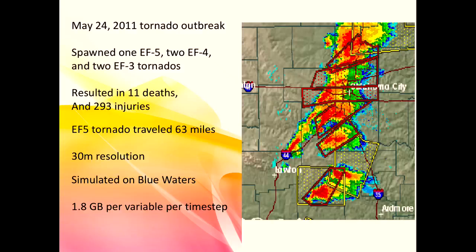It was run on Blue Waters, and the data output has 1.8 gigabytes per variable per time step. And the data set we'll be looking at has 12 three-dimensional variables. And so I believe Lee's total data set was around 3 terabytes in total volume.